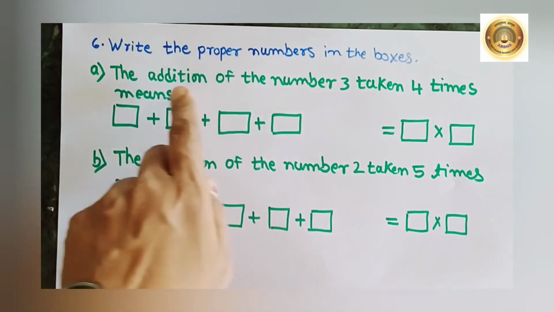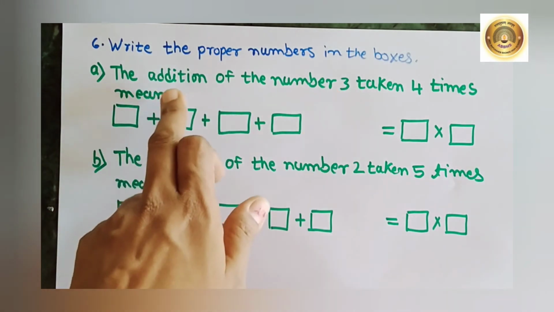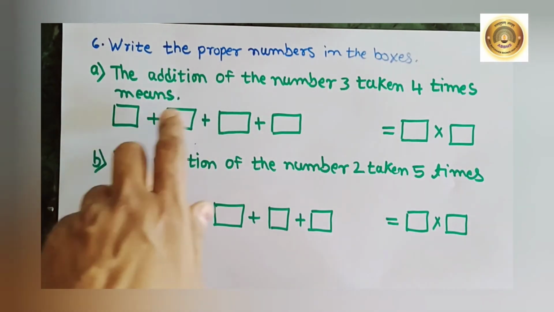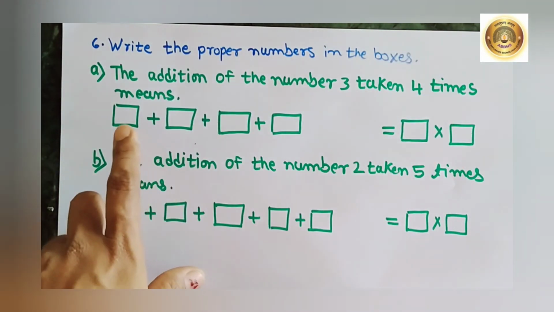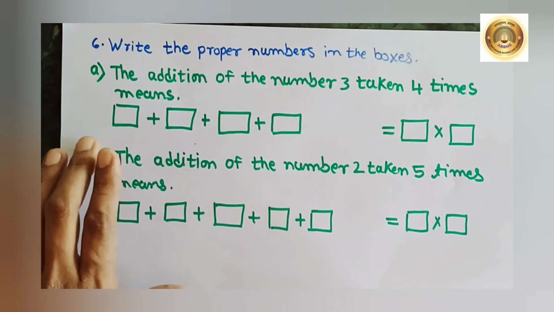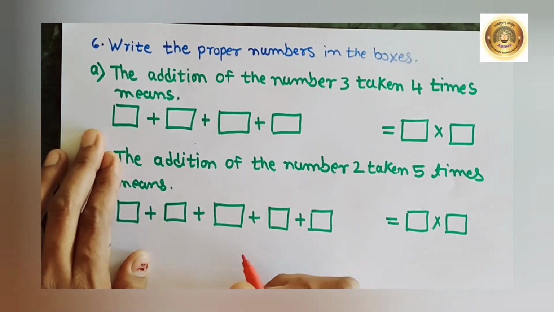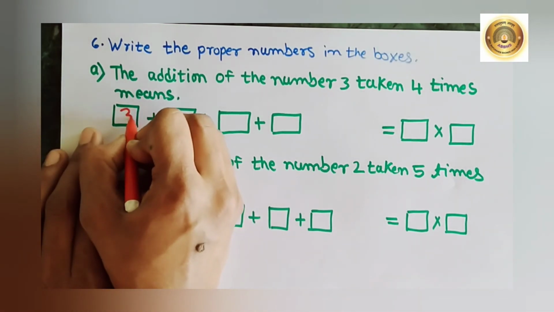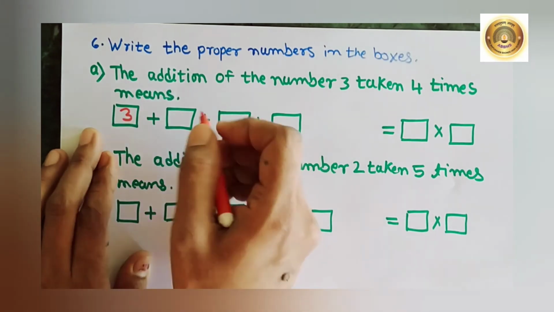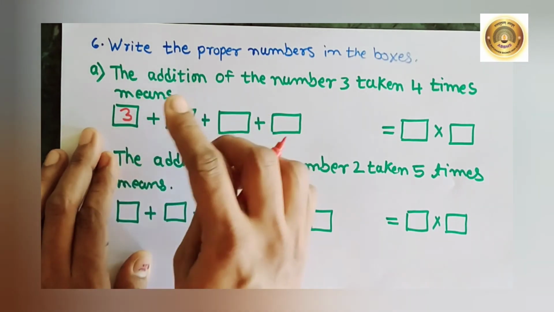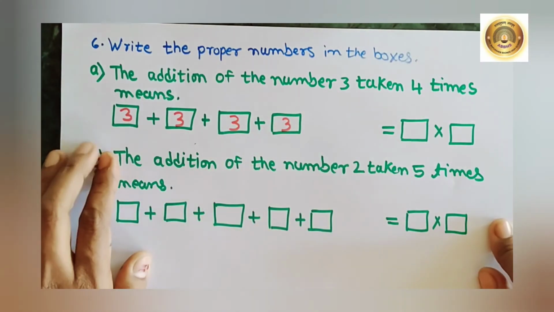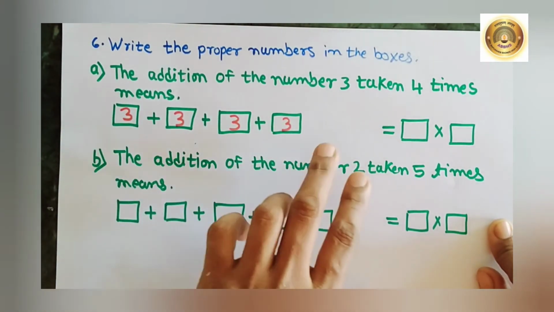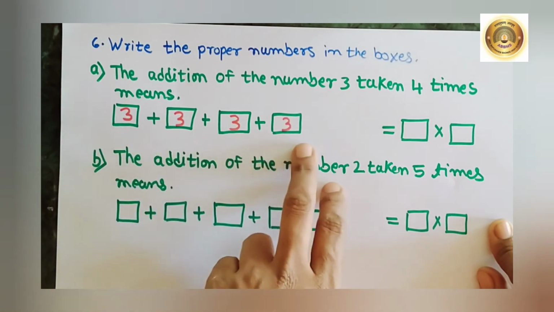You have to write 3 in the addition sum and taken 4 times. Means how many times is 3 repeating? 4 times. So it means that you have to take the addition of 3 for 4 times.